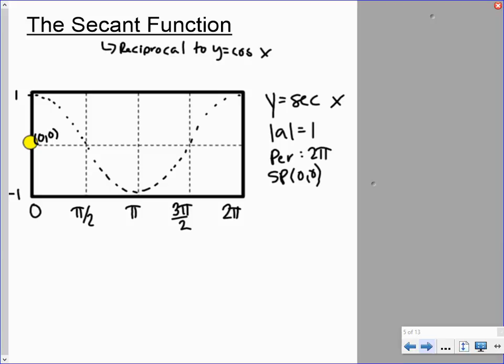The only thing you'd have left to do here is decide where you have asymptotes and where you actually have the U-shaped graphs.